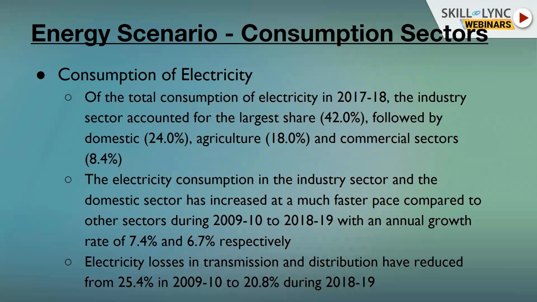And you all know the difference, and you are all feeling the difference also, because from the year 2009 and 2010 only, the industrial revolution which happened in our country, that is in India, slowly boomed. And after 2009-10, once after the globalization, the industrial development was very, very high. So that's why here you can see the annual growth rate of 7.4% and 6.7% respectively.